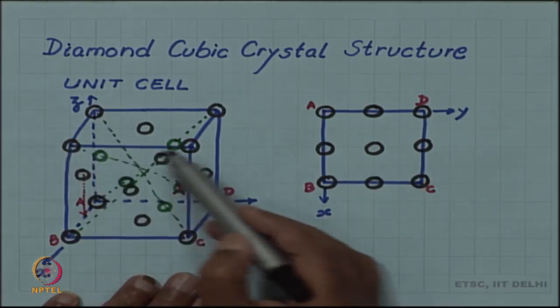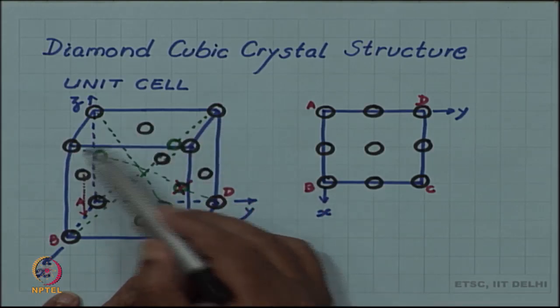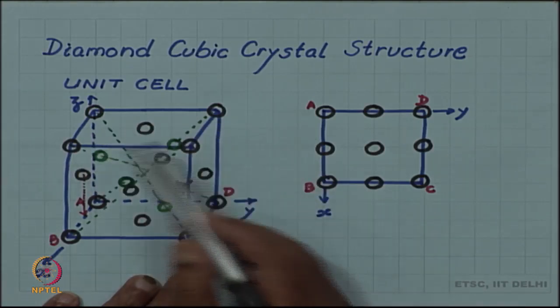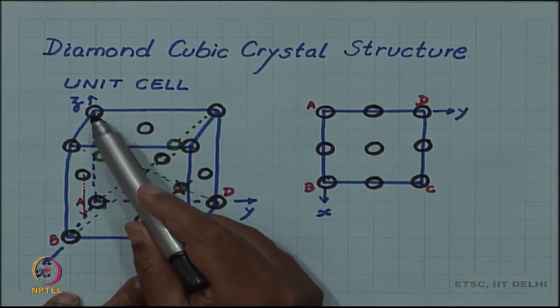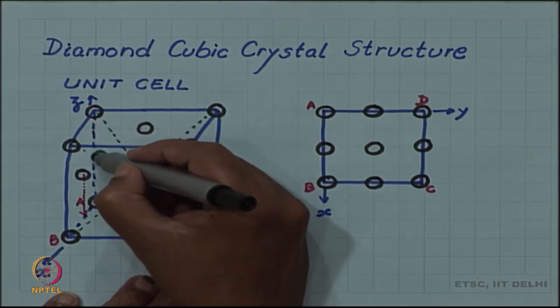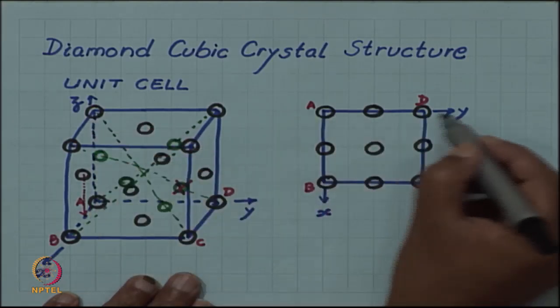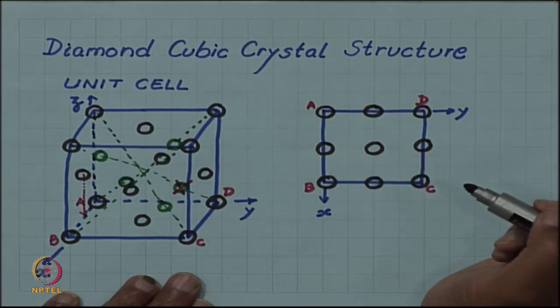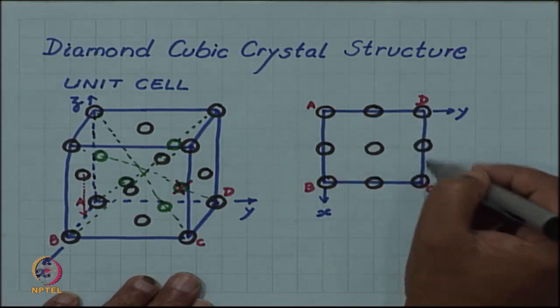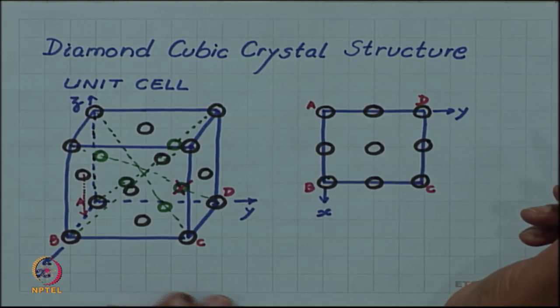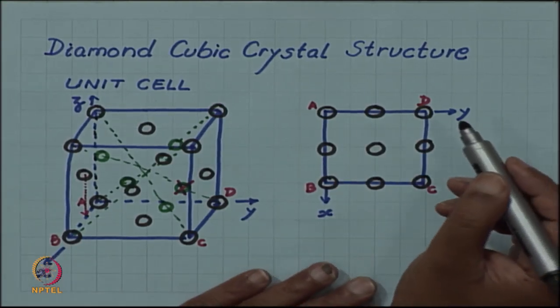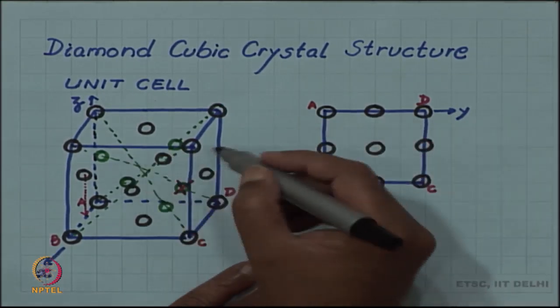Now the only atoms left are those which are on the body diagonals and on the top face. The top face atoms, when you project, will coincide exactly with the corners and the face center of the bottom face. So, no new locations are generated by that. So, we leave that out.